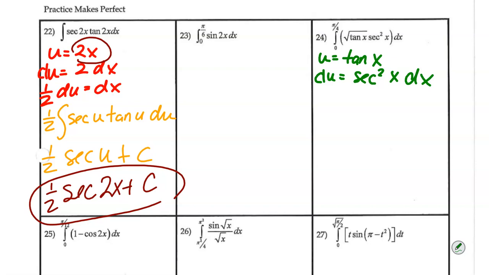So again, last thing for today, I highlight this. My u is right here. My du is all right there. You know you've done the question correctly if everything that is here has now been taken care of. So it's the square root of u du.